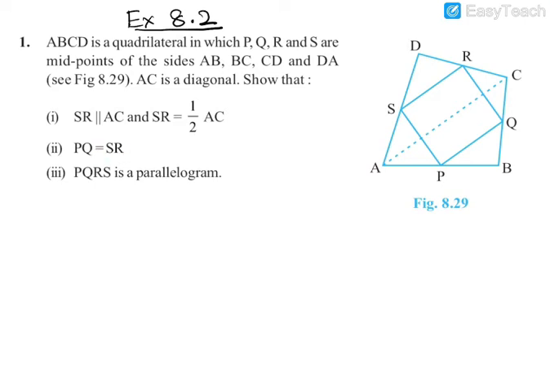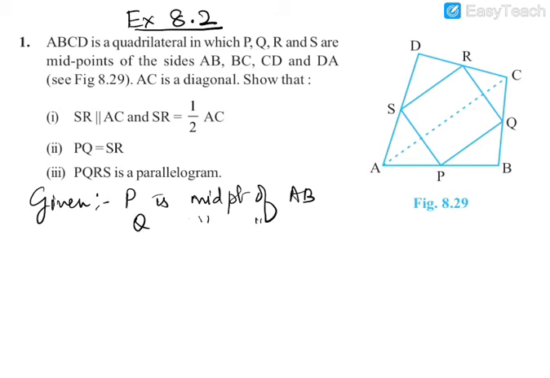PQ is equal to SR and PQRS is a parallelogram. We are given that P is midpoint of AB, Q is midpoint of BC, R is midpoint of DC and S is midpoint of AD. What we have to prove is clearly listed pointwise.